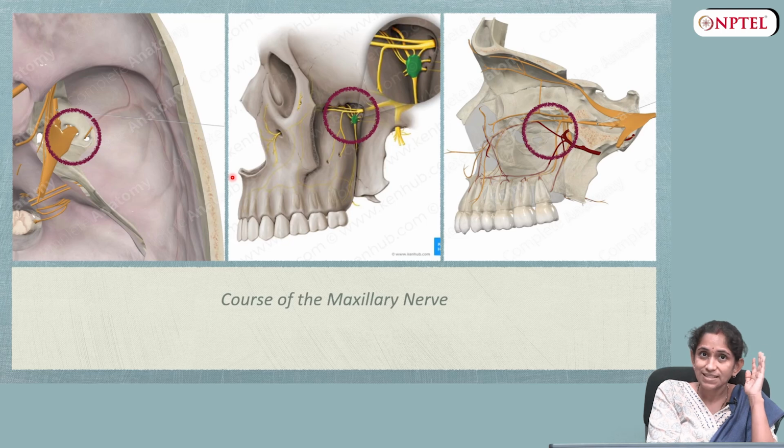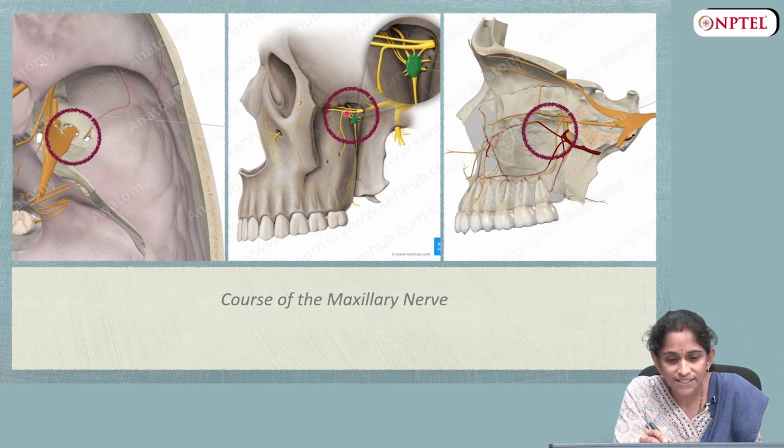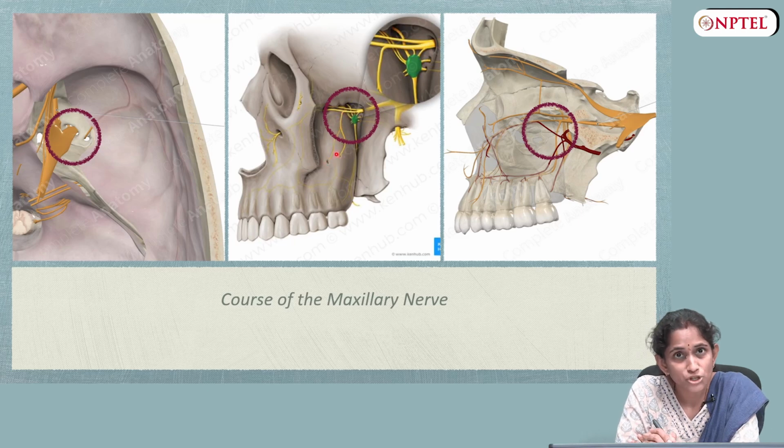Once these ganglionic branches are given, the nerve courses forwards and forms the posterior superior alveolar nerve, which is a branch of the maxillary nerve. Now, this posterior superior alveolar nerve partly travels under the mucoperiosteum, that is outside the bone, and a few of the branches of the PSA enter the bone.